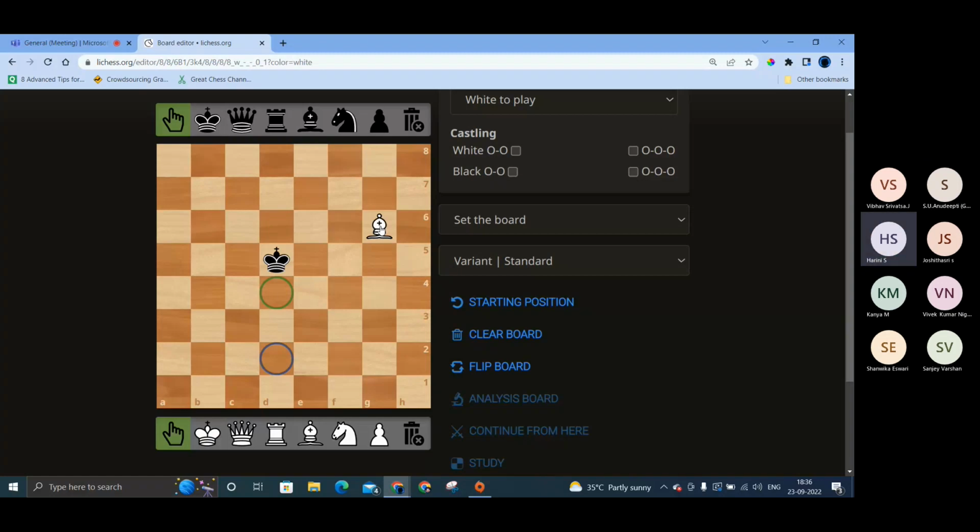You check the number. What is the name of the square? E4. See, this is E4, controlled along this diagonal, okay?